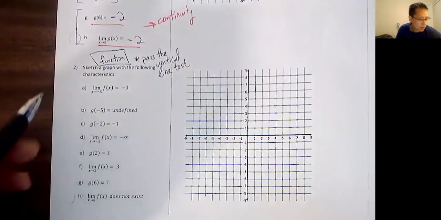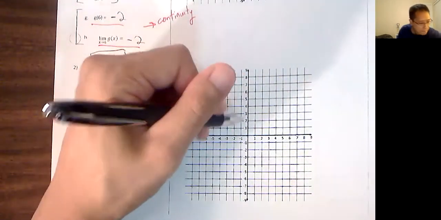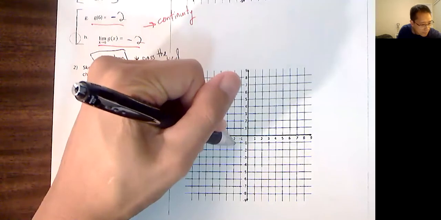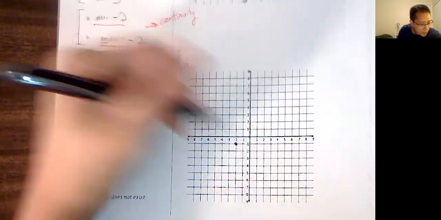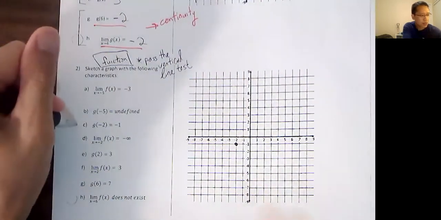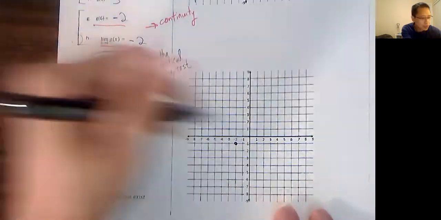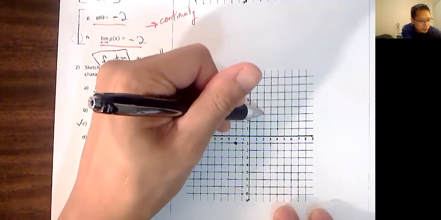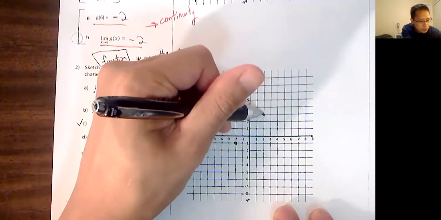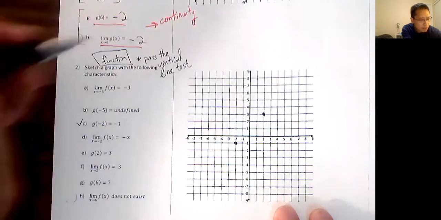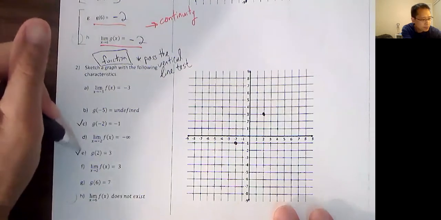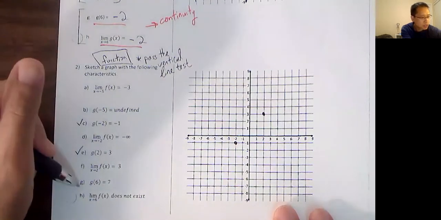That's just an ordered pair of (-2, -1). Okay, I'll go ahead and check that off. g of 2 equals 3, another ordered pair. Then g of 6 equals 7.